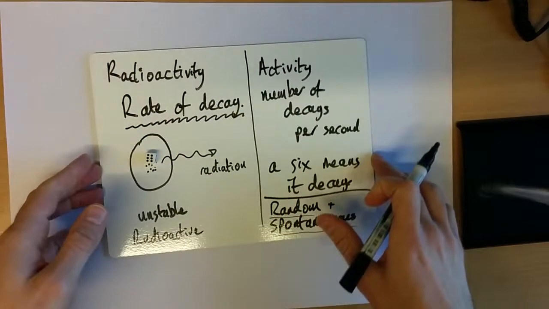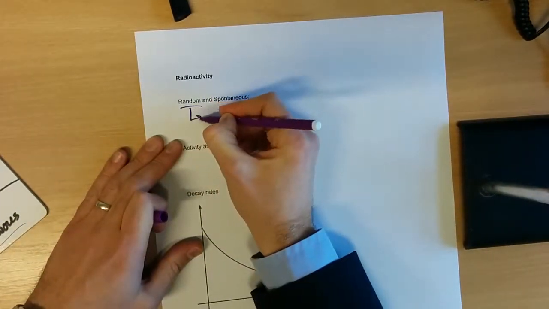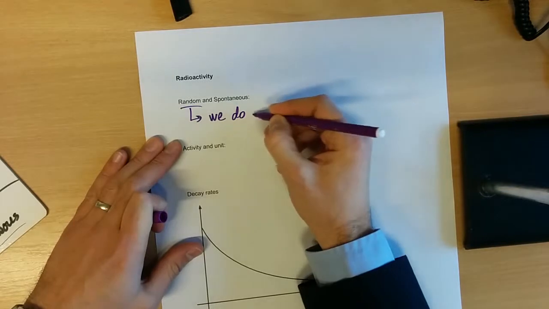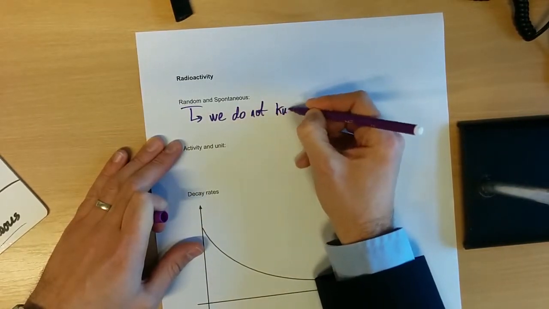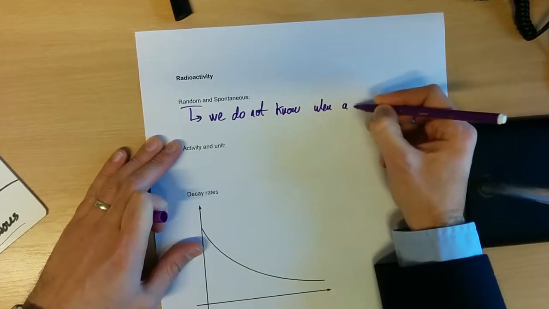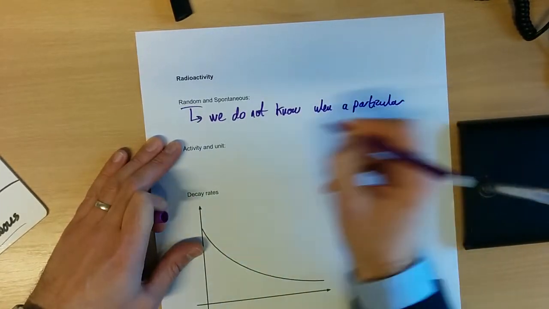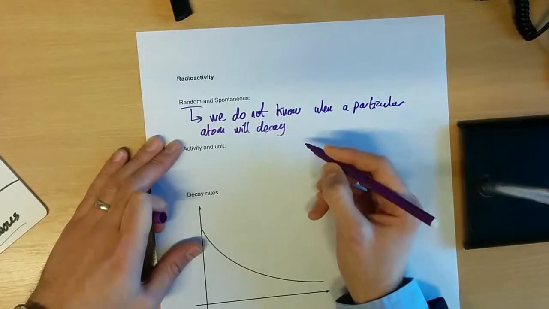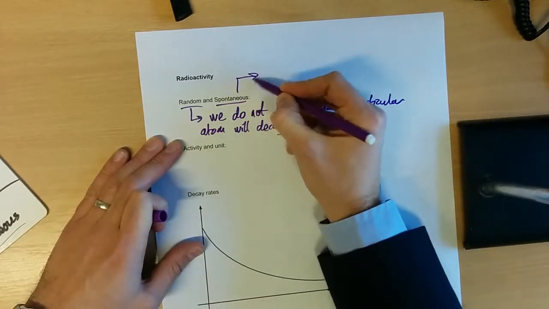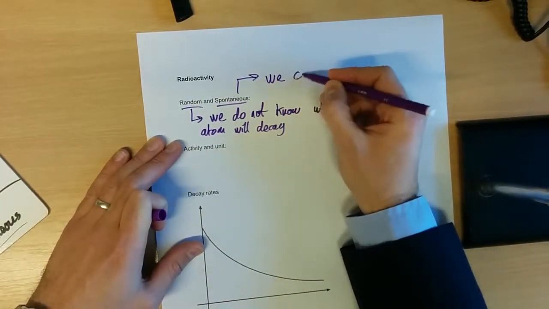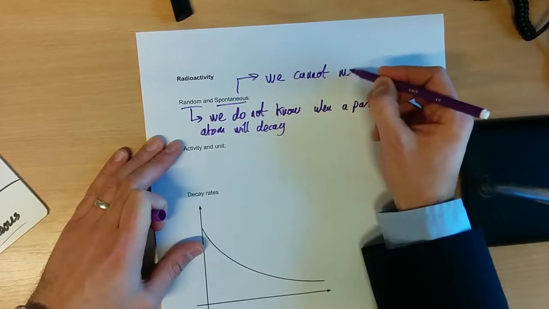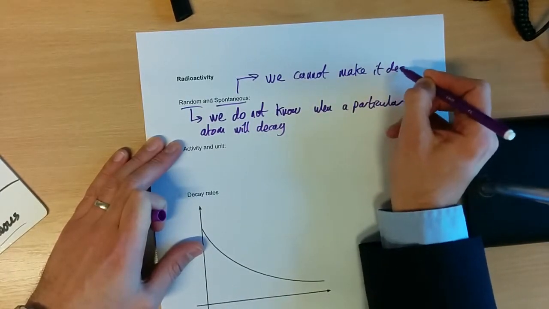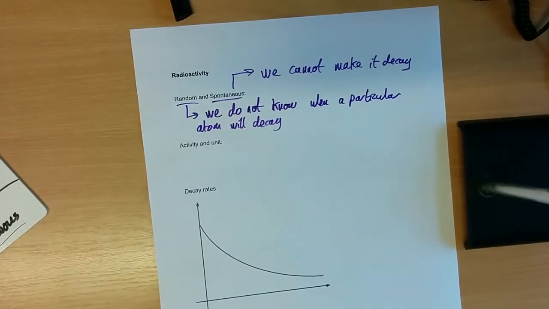So radioactivity is random, which means we do not know when a particular atom will decay, and the word spontaneous means we cannot make it decay.